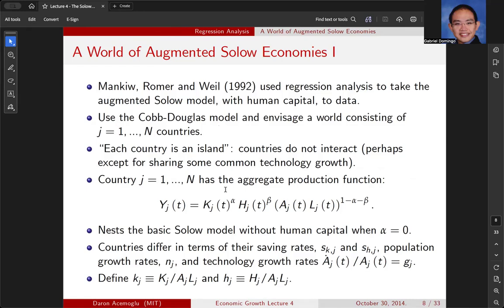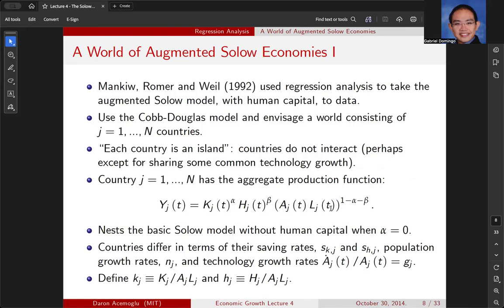You have N countries. Okay, and notice here what we're trying to estimate. Here's capital with the exponent alpha. And this H is now your human capital, right? This is now the non-physical capital investment in human knowledge that's embodied here in H. Okay.